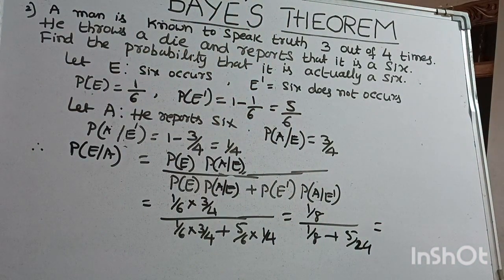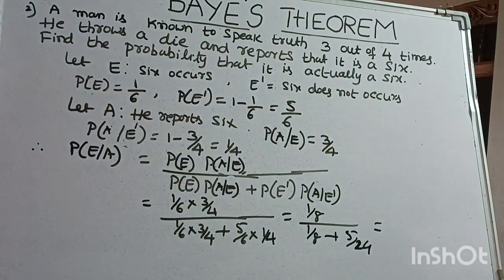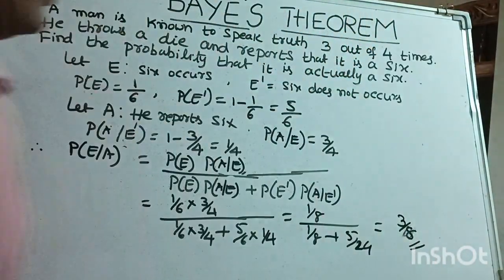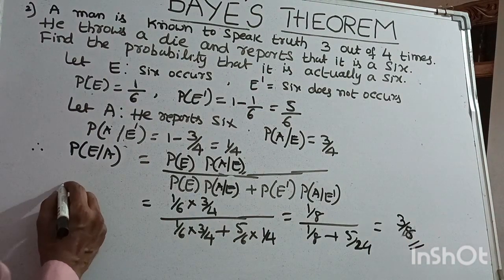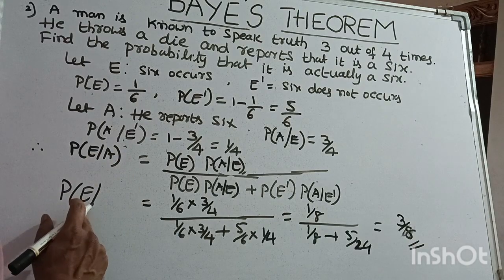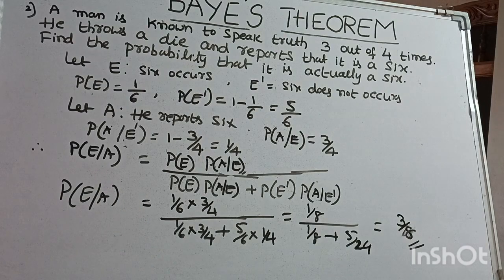By taking the LCM in the denominator and simplifying, we get the required conditional probability, the probability of event E, that is 6 occurs, given that the man also reports 6, as 3 by 8.